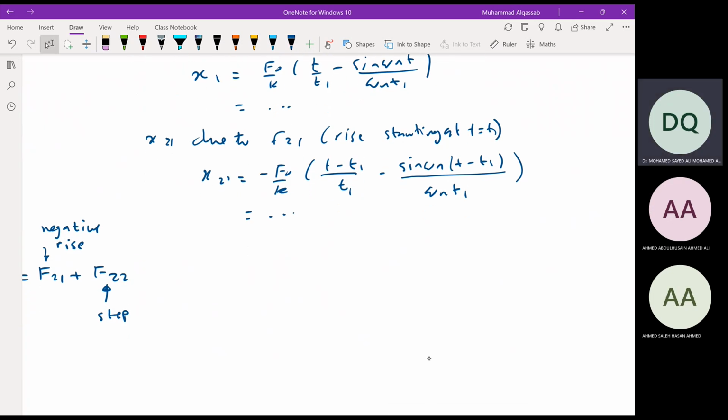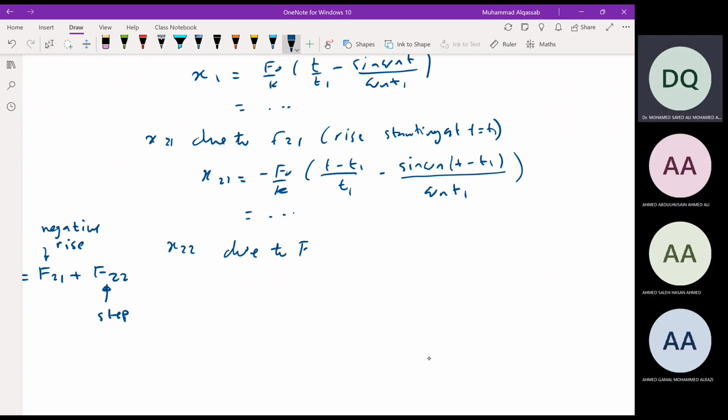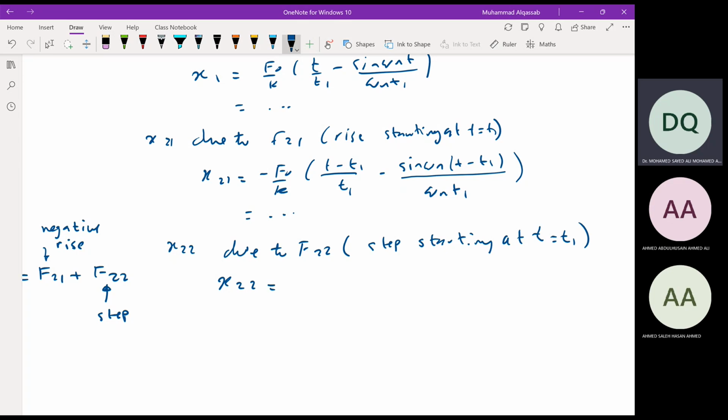And then this is X21, and then you find X22, which is due to F22, which is a step starting at t equal to T1. So X22 is, this is also a negative step, and this is minus F naught over K times 1 minus cosine omega n (t minus T1).